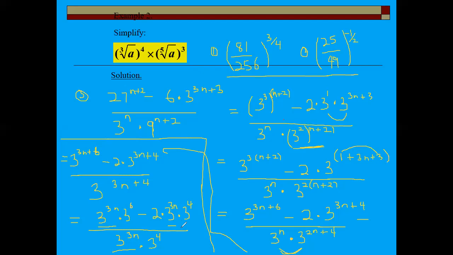Then again, we also have 3 raised to the power 4 here. This 3 raised to the power 6 can be expressed as 3 raised to the power 4 plus 2. And then this is also 3 raised to the power 4. So that too could be simplified.